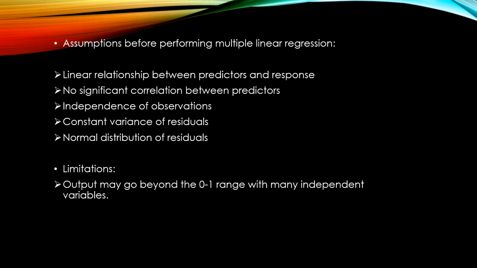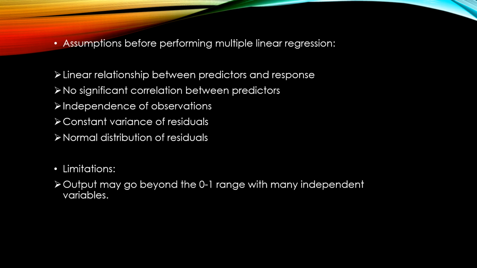And now we'll go for the assumptions and limitations. In assumptions, there is a linear relationship between predictors and response, which means that this assumption suggests that the relationship between each independent variable and the dependent variable is linear. The next is there is no significant correlation between the predictors.